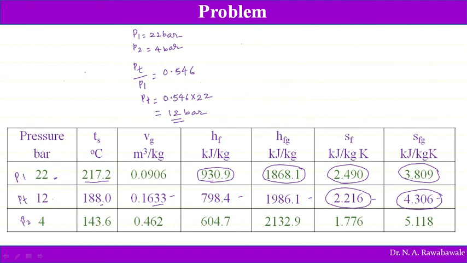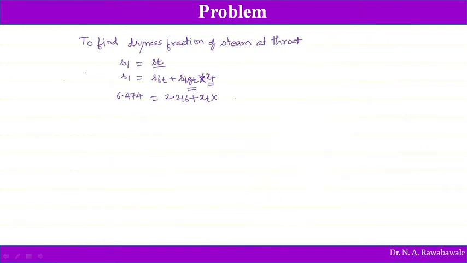Sfgt at throat pressure is 4.306. So on simplification, we get the dryness fraction xt equal to 0.988. So if this xt is equal to 1, then we can assume that steam is dry saturated.